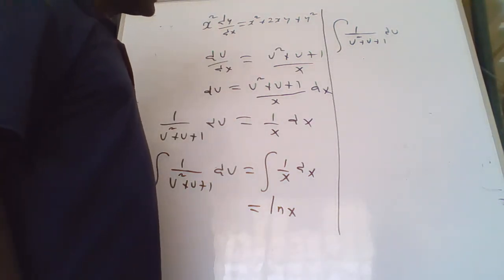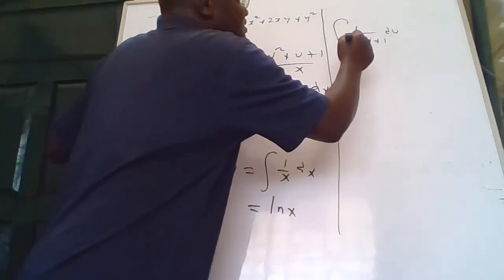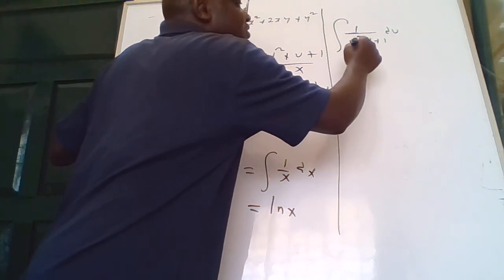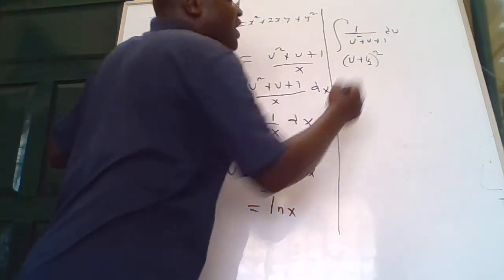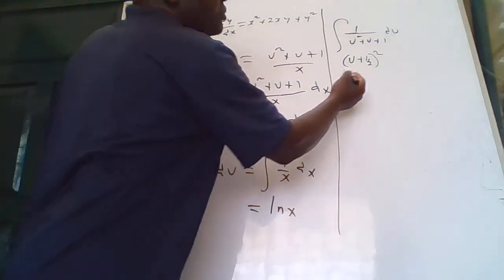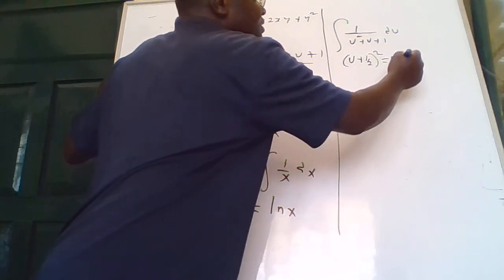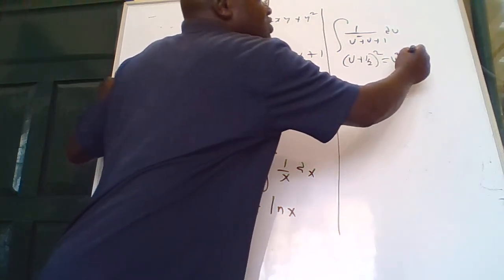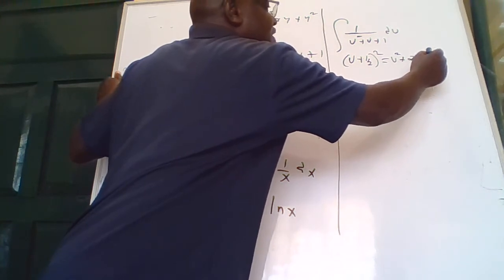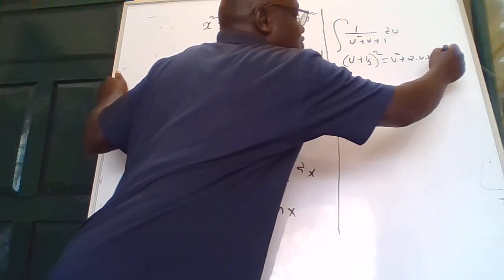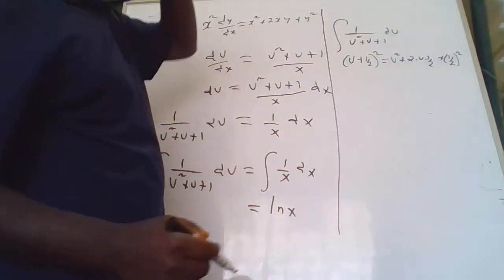Now we can write this denominator as v plus a half squared. So when you open up this bracket, this will be equal to v squared plus 2v dot a half plus a half squared.